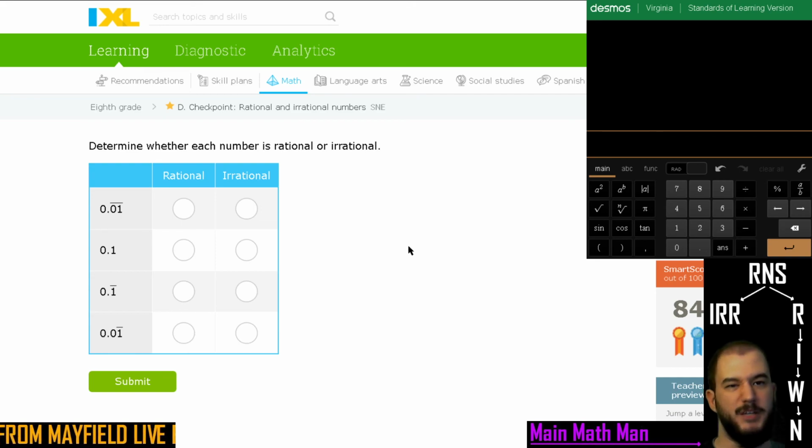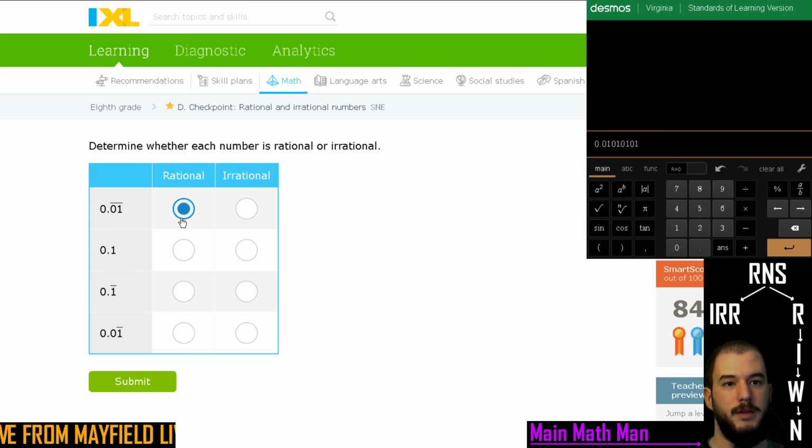I like to show off, so let's keep going. Let's determine whether each number is rational or irrational. Again, that's categorizing. I know for each of these, okay, I see now. Since it has that bar over the 0 and the 1, it would look like this. It would be 0.0101. So each of those digits would keep on repeating like that.